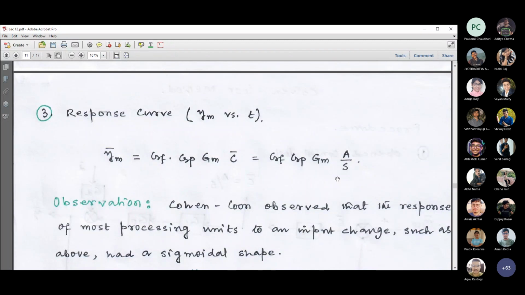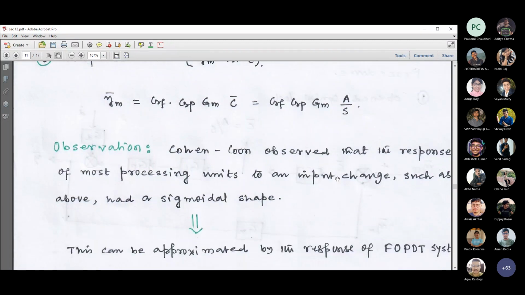Now, what is the observation of Cohen-Kuhn? In this case, the process response we get for most of the chemical processes is sigmoidal in nature. This is perhaps the most important statement of Cohen and Kuhn, or you can say this is the most important approximation they have made.